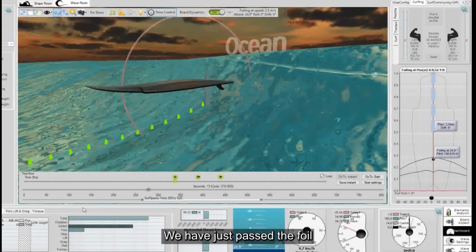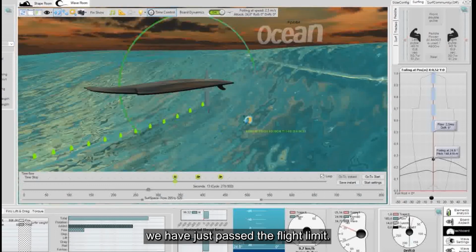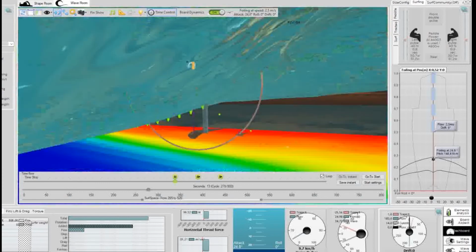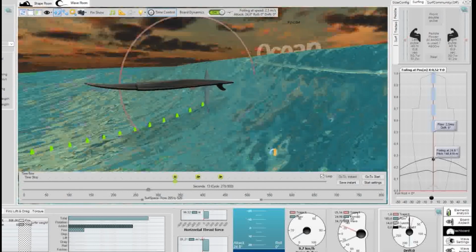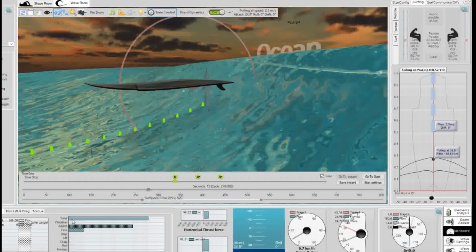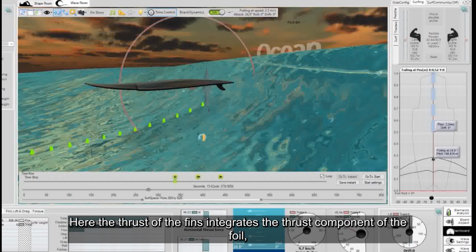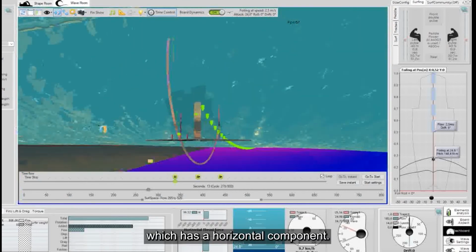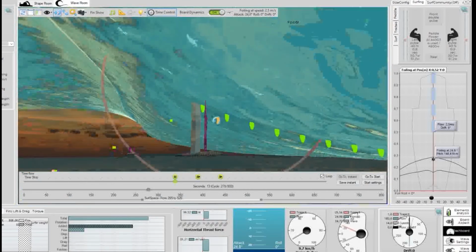We have just passed the foil, we have just passed the flight limit. Here the thrust of the fins integrates the thrust component of the foil, which has a horizontal component.